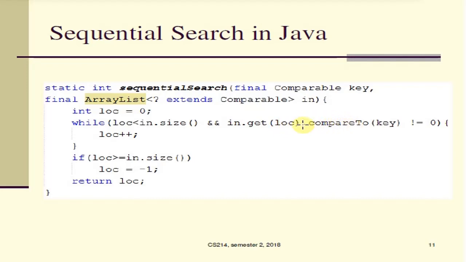So if it returns 0, then 0 is not equal to 0 is false, which means as long as it is not a match, while you are still within the size limit of the array and you haven't found the match, increment the index, or increment the lock. That's basically what's happening in this while loop.